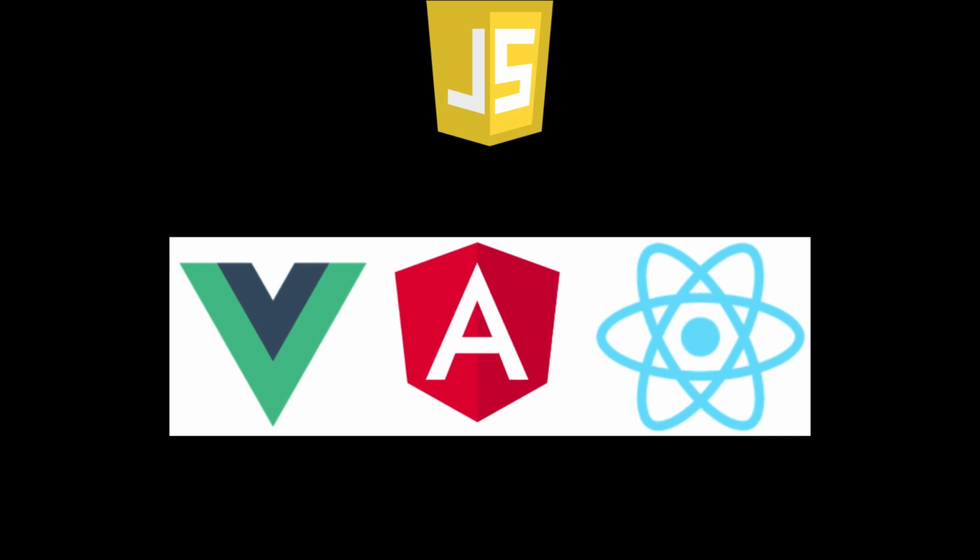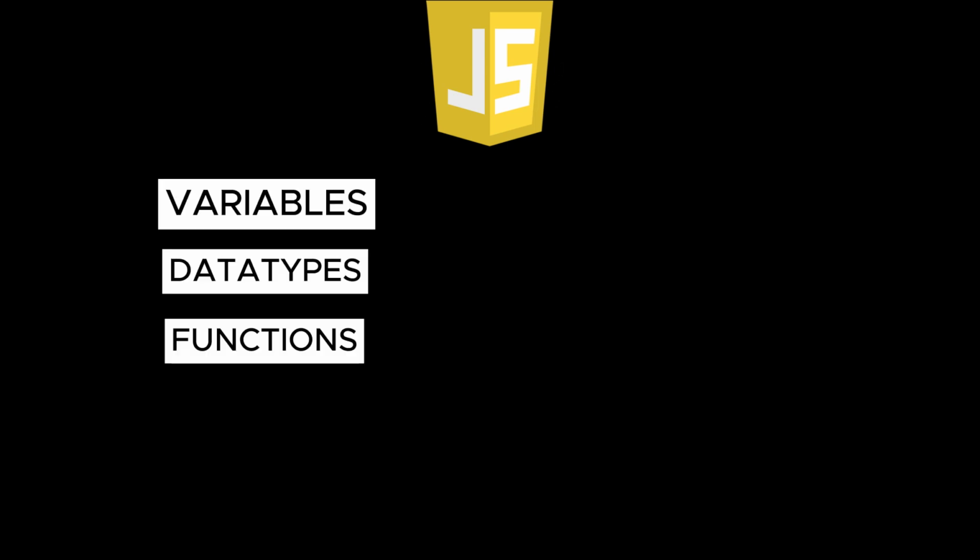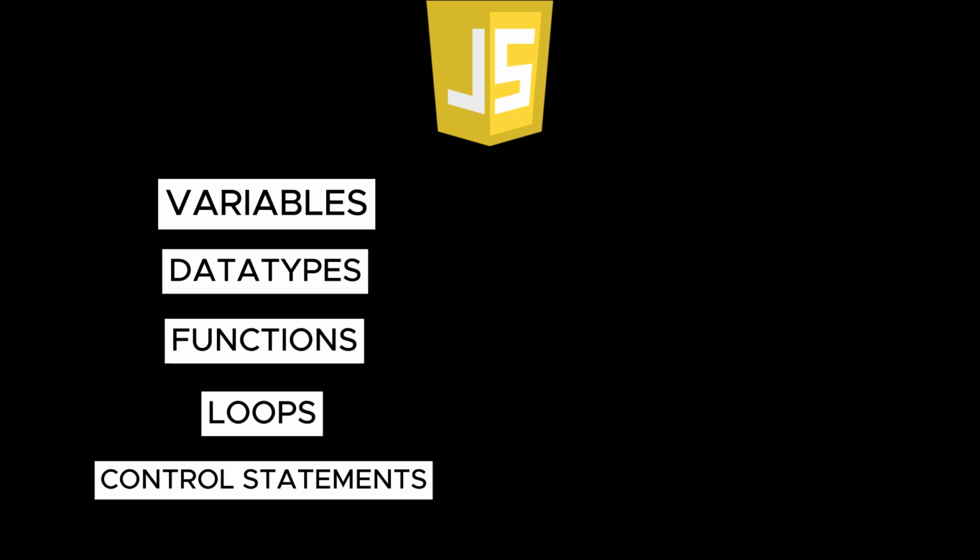And for JavaScript, which is the programming language of the web and which is also very important, especially if you are looking to master some JavaScript frameworks, understanding JavaScript from basic to intermediate level will help you in various areas of web development. You need to learn the basics of JavaScript, which includes variables, data types, functions, loops and control statements.